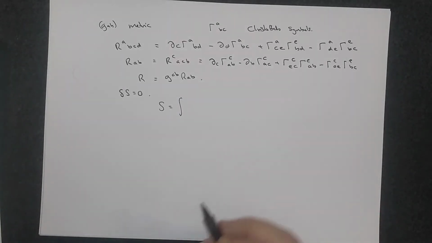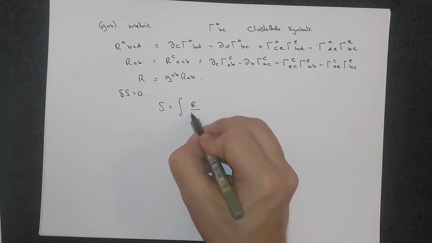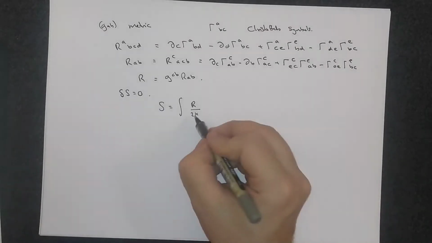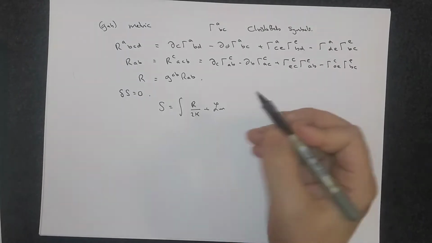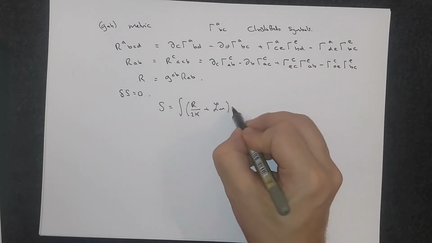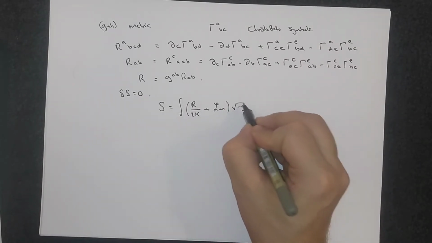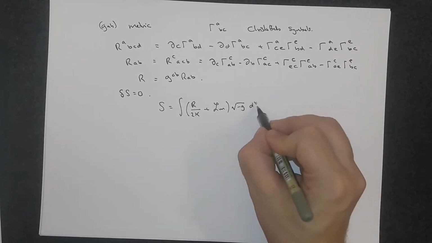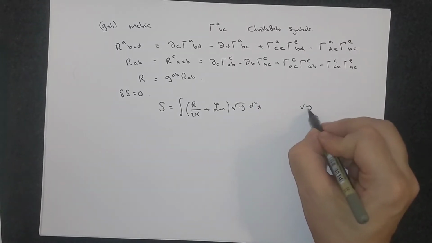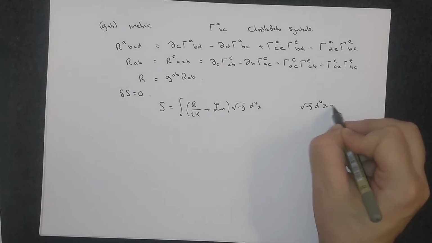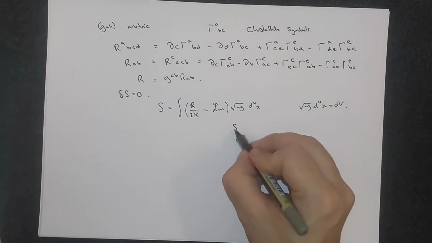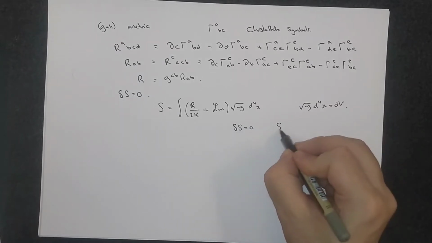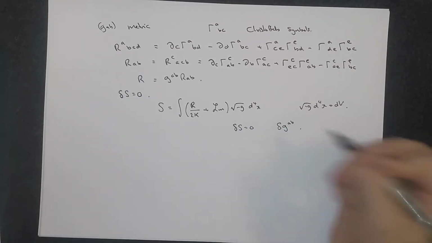And that's going to be R over 2 kappa, where kappa is just some constant, plus the matter Lagrangian, times dV, which is root minus g d4x. We're going to vary this with respect to metric variations delta g^AB.